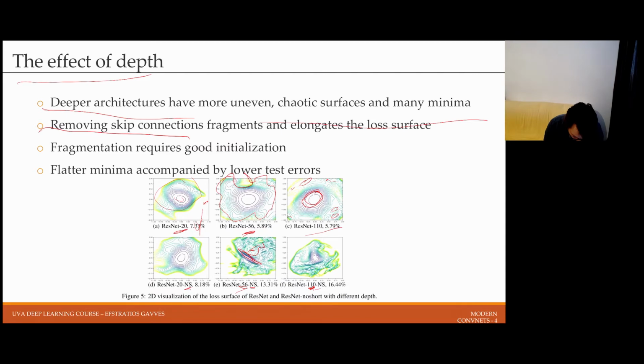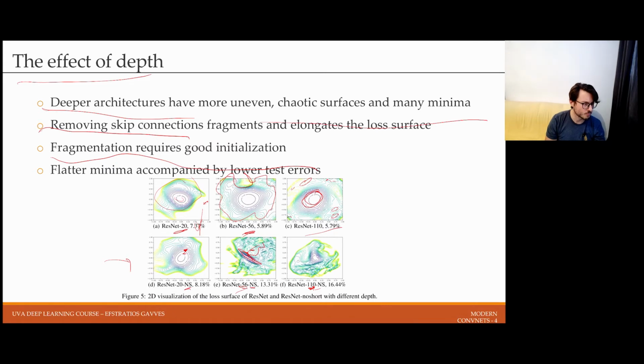Probably the resolution of the picture here is not high enough to observe this. The problem is that with this kind of fragmentation, you normally require very good initialization, so that your optimizer starts from a good point and then goes to the good local minimum. Now you may understand that in such complex spaces this might be quite hard.